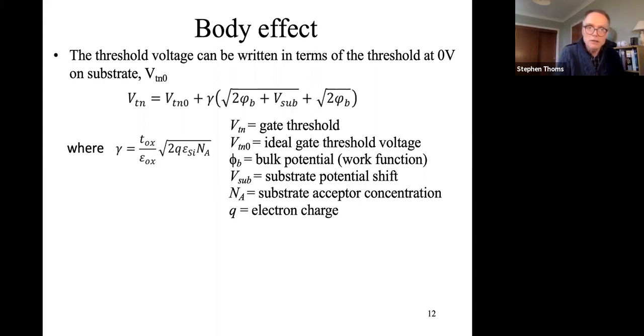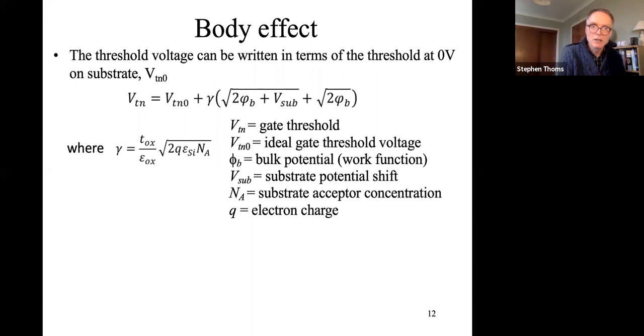So, okay, you can do some maths around this. This is not what we're going to study in detail here because this is not a transistor course in detail, but you can write down the equation for the threshold in terms of the threshold at 0 volts, Tn0, and various parameters.